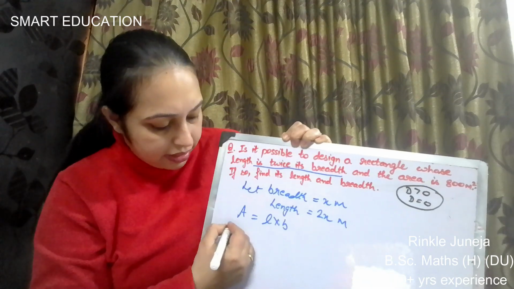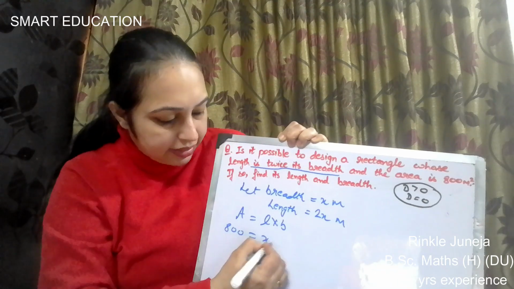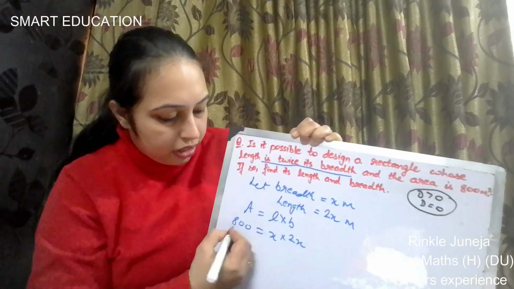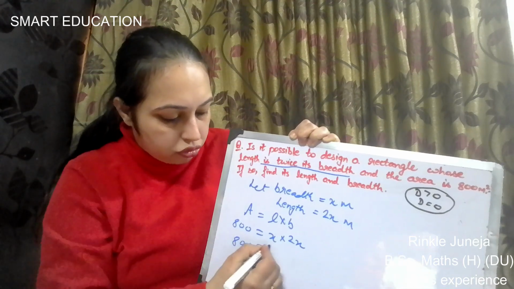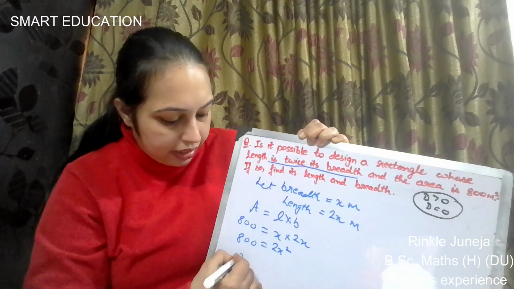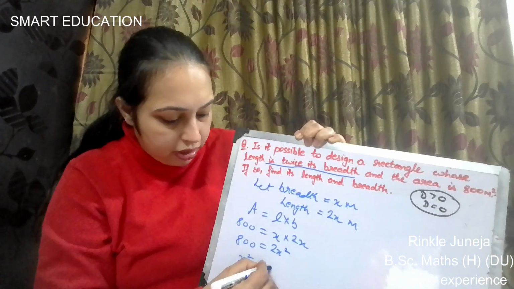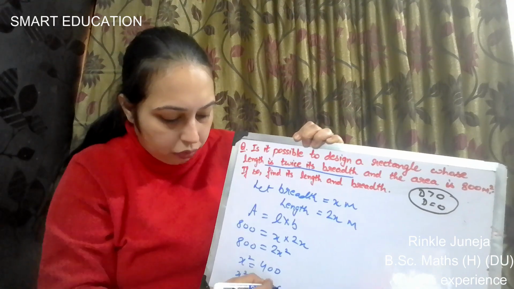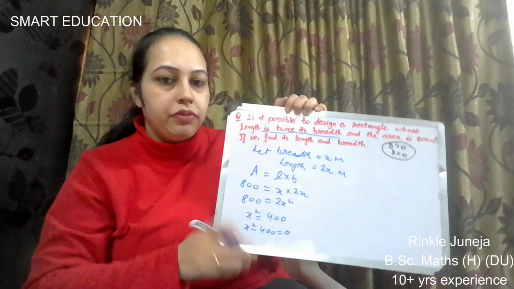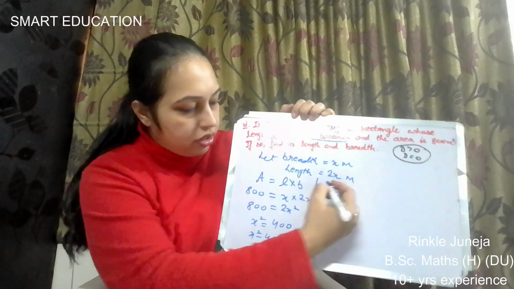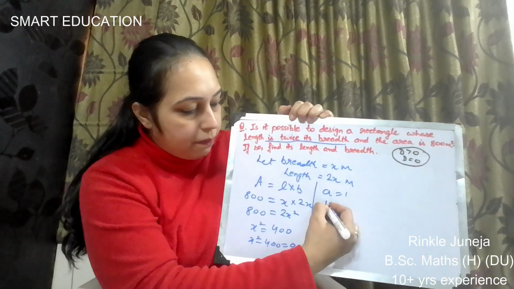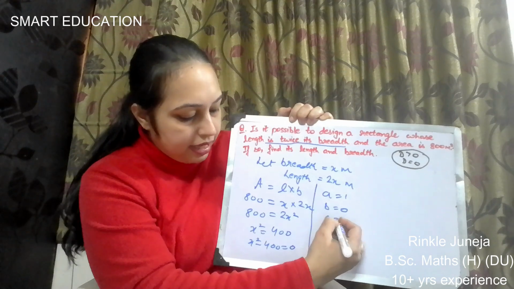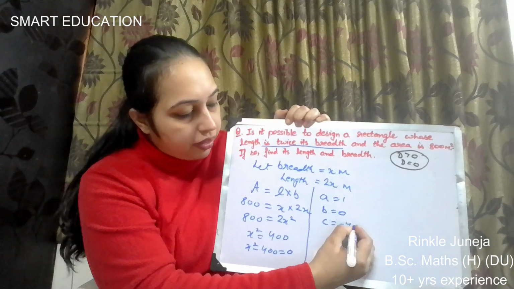So area is 800 equals x into 2x. So we get 800 equals 2x square and x square equals 400, or we can say that x square minus 400 is equal to 0. So this is our equation. Now in this equation, our a is 1, b is 0 and c is minus 400.